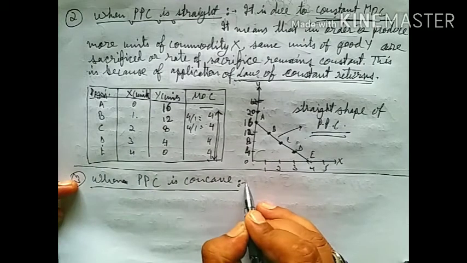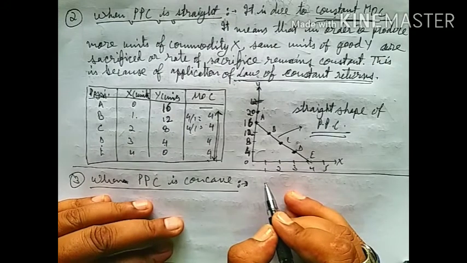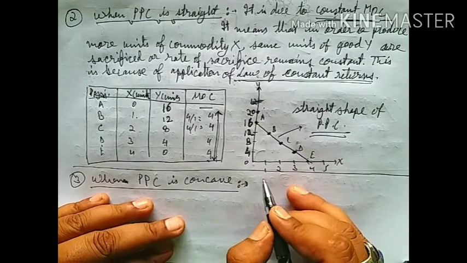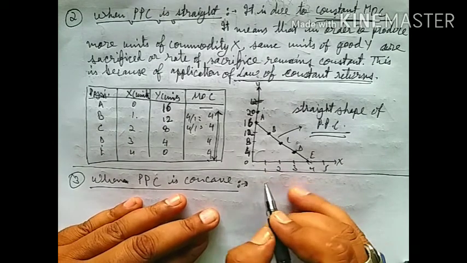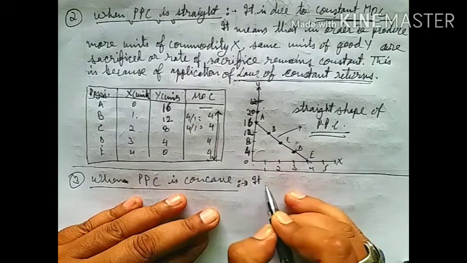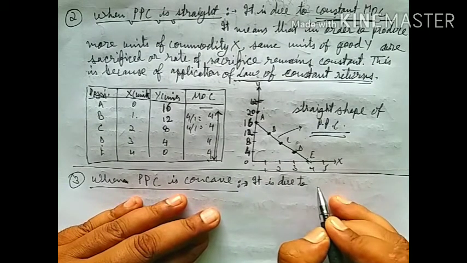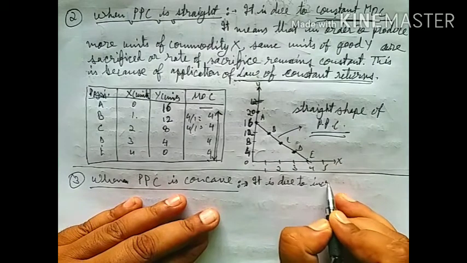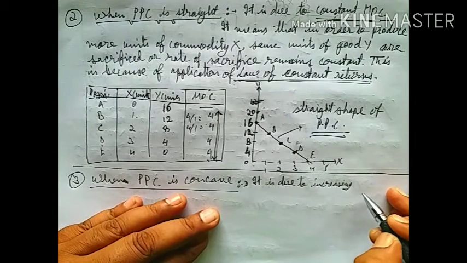I told you about this shape earlier also, but again I am telling about the concave shape of the PPC, so be careful. Students, the concave shape is due to increasing MOC.